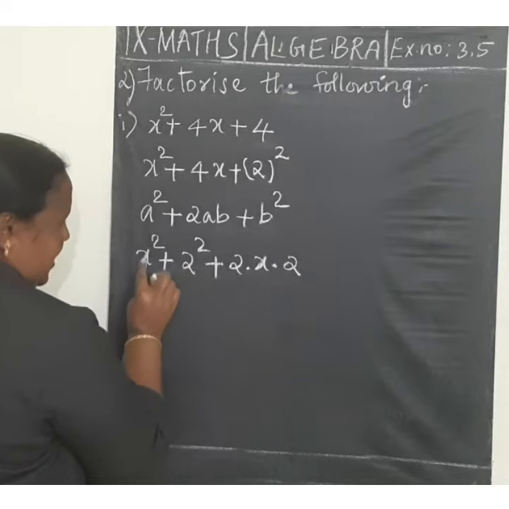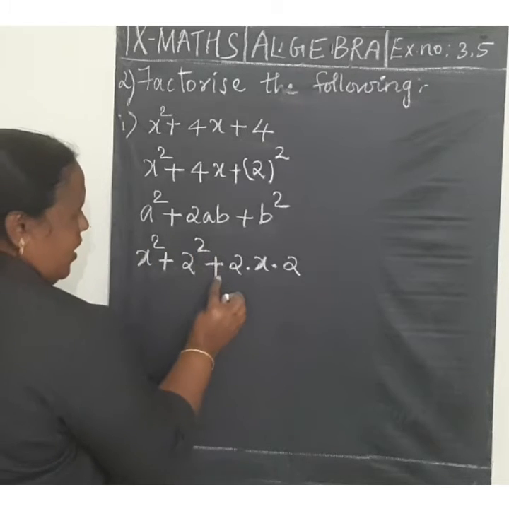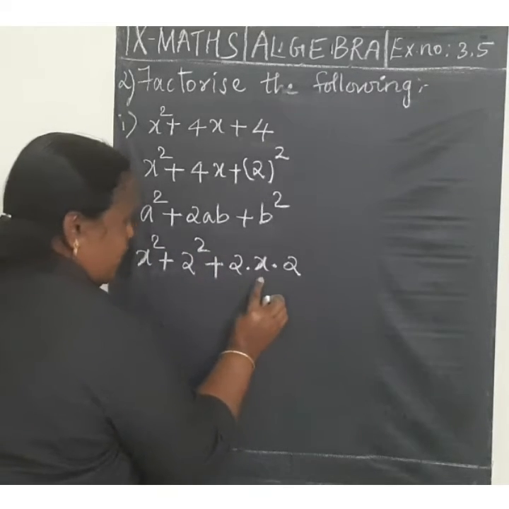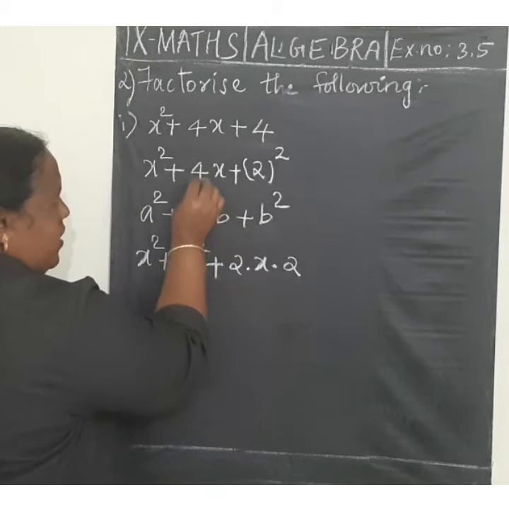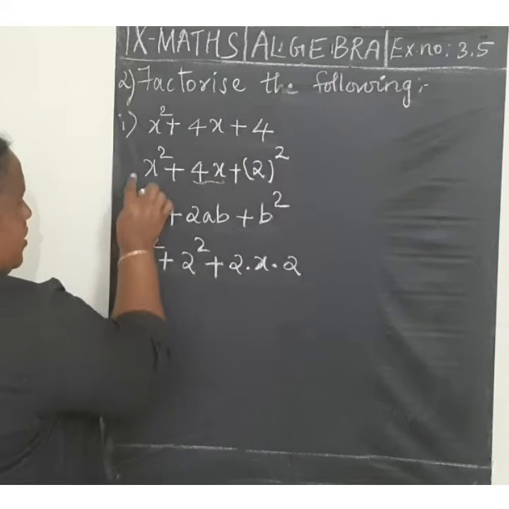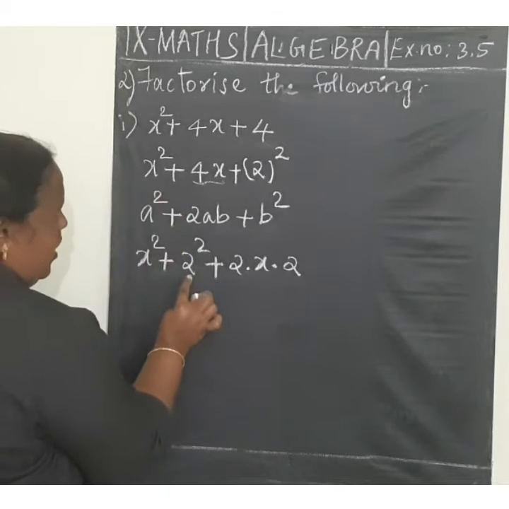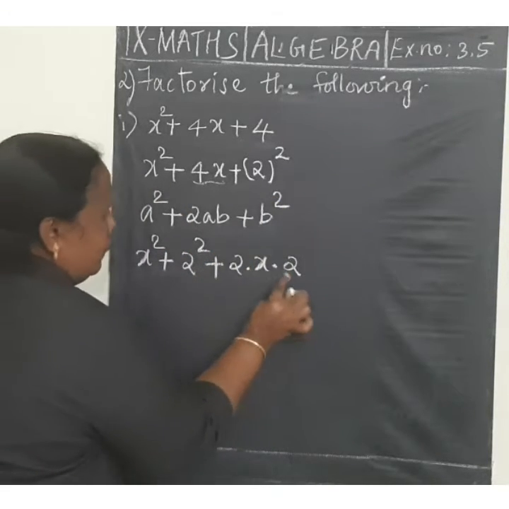So we are getting x square plus 2 square plus 2 into 2, 4x. So we have got the question here, x square plus 2 square plus 4x.